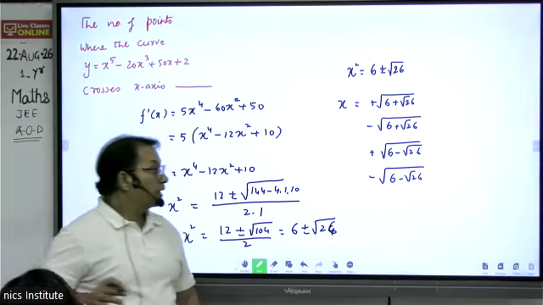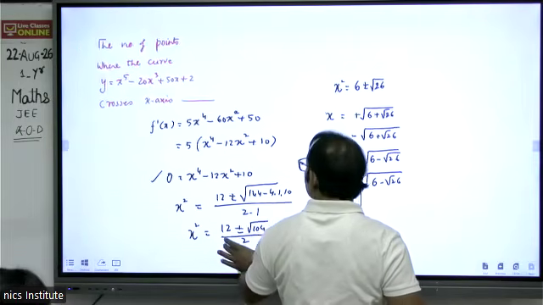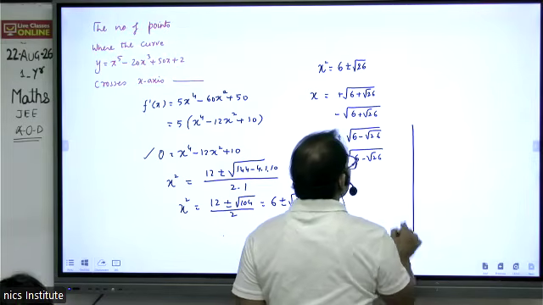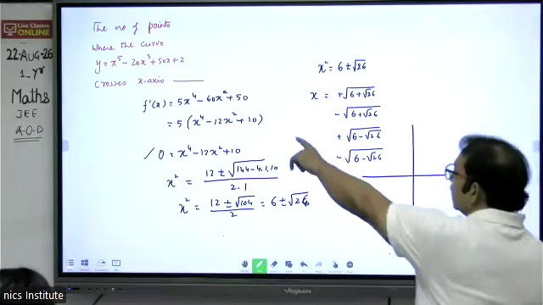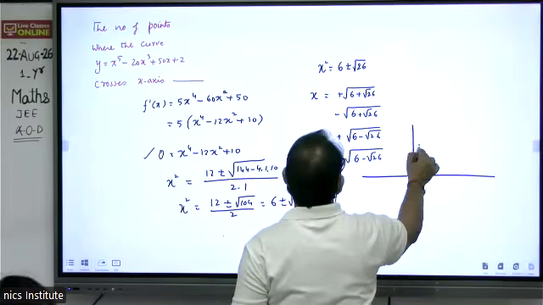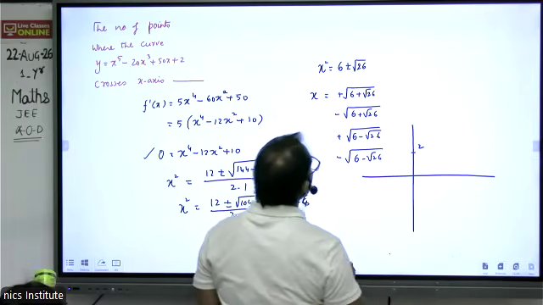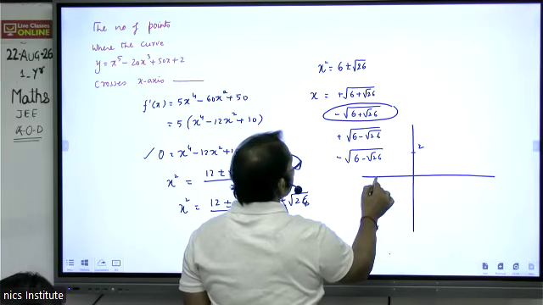If a polynomial has 4 points of maxima and minima, they'll be consecutive, right? So when I substitute x equal to 0 in the function, I get 2. And this number is negative, will be somewhere here.